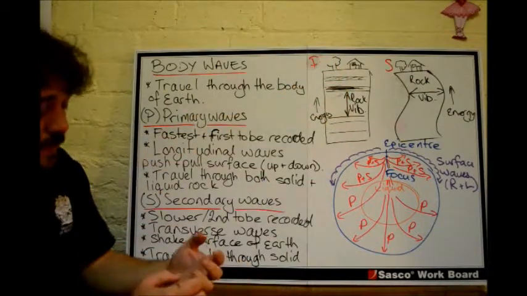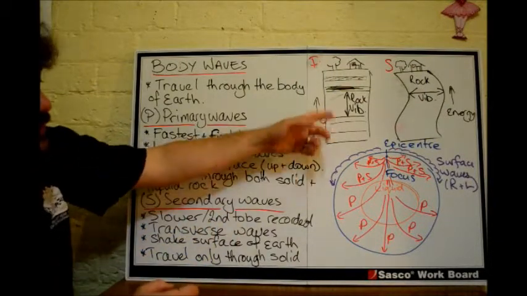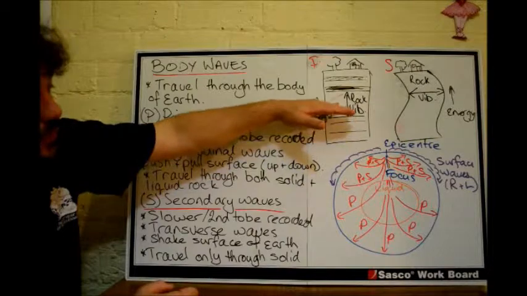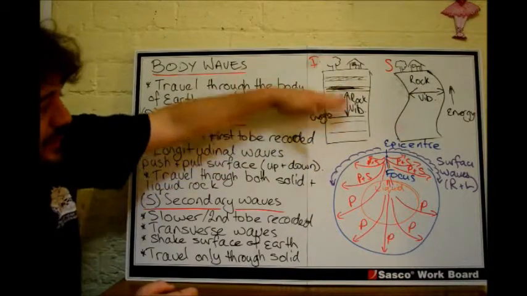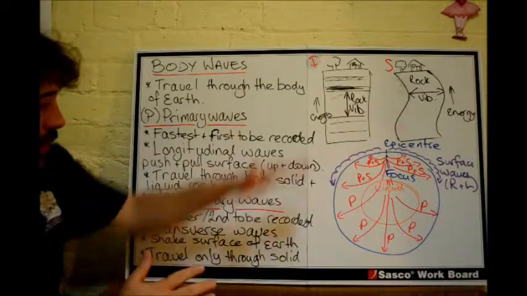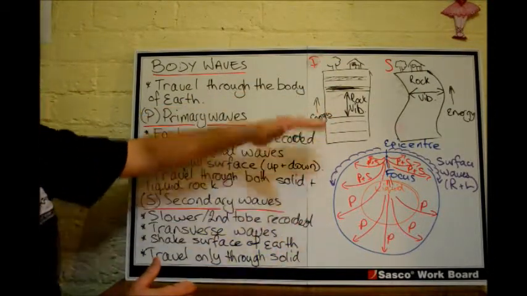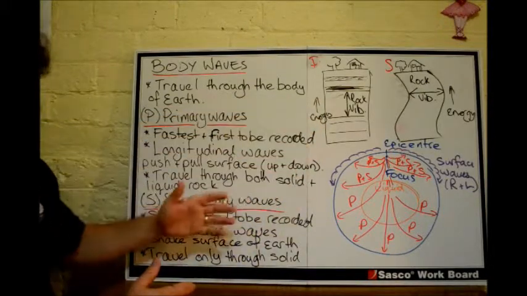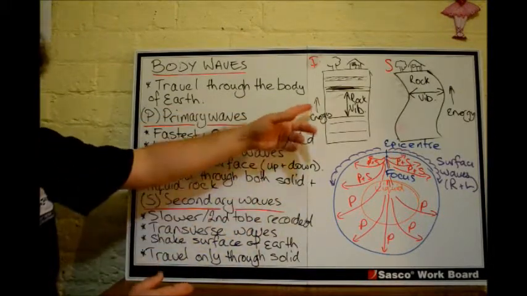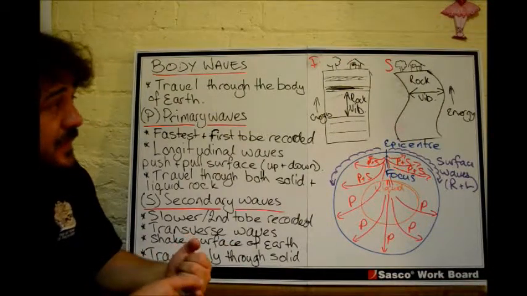So your longitudinal waves, the rock vibrates this way, so up and down. Now it's very important. Okay, push and pull, up and down. It's very important though to realise that the primary waves travel through both liquid and solid rock.